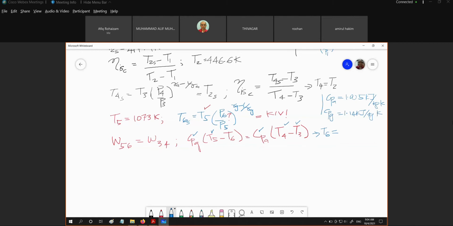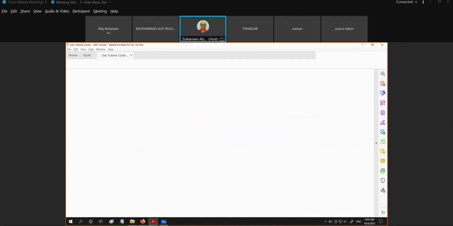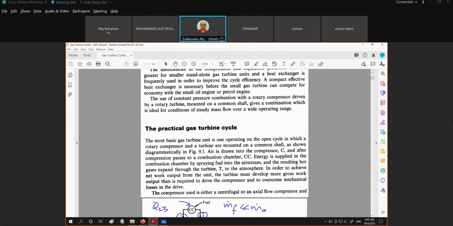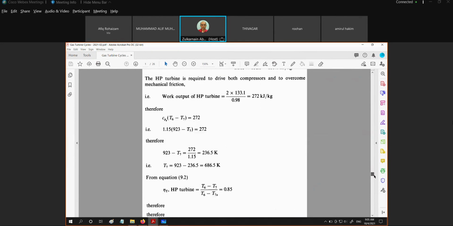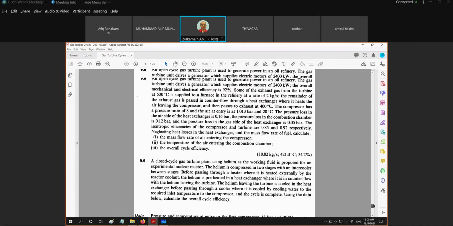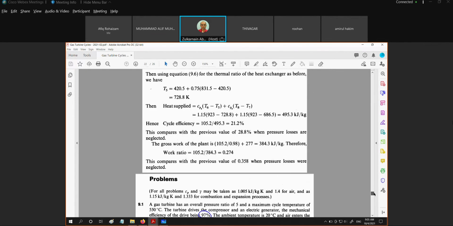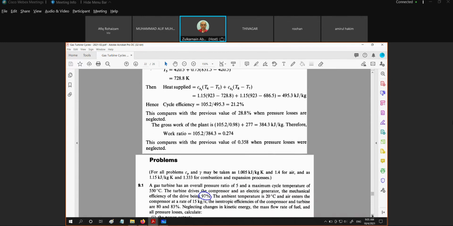For the question from the textbook, if you look at the problem, it's already stated right here. For the textbook problem, always use this value.